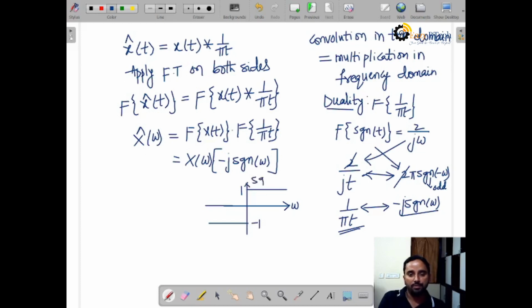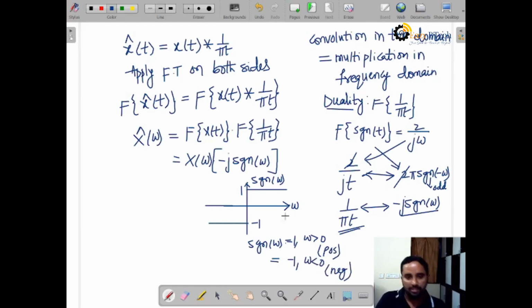This is the signum omega. So what it is saying is that signum omega is equal to 1 when frequency is greater than 0 or positive, and equal to minus 1 when frequency is less than 0 or negative.